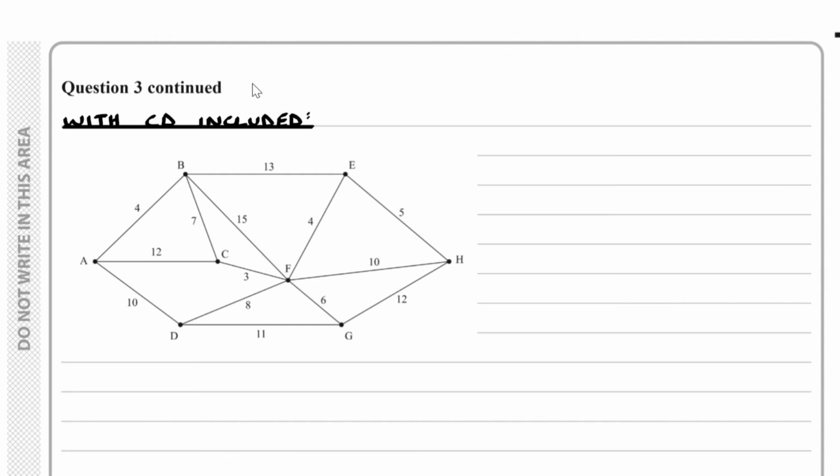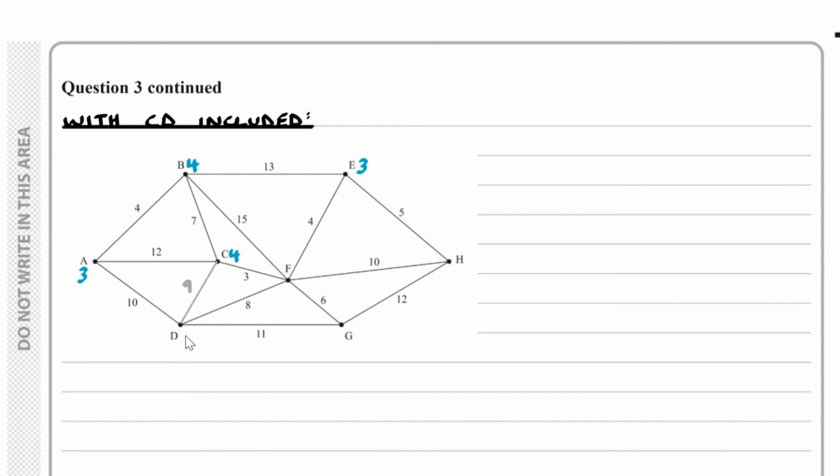Now let's consider the situation with CD included. So what we are saying here is we've got CD, which is included, and it's got a length of 9. Now if I find out the odd vertices, well, here I've got 3, I've got 4, then 3. Now C has got 1, 2, 3, 4.